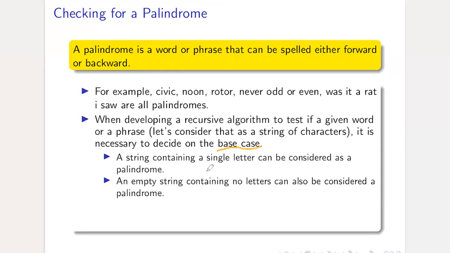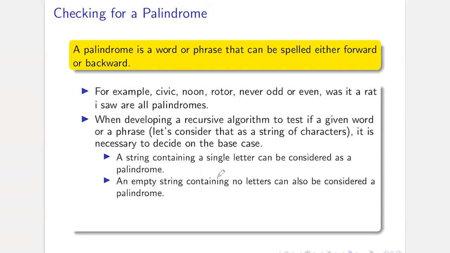Base case. Okay. So if you have a string of just a single letter, like A, for example, it's a palindrome because left, right, or right, left, a single letter is a palindrome, right? Not only that, if there is no letter, so we get an empty string, that is also a palindrome because left, right, or right, left, you still have an empty string, a null string, and it's a palindrome.